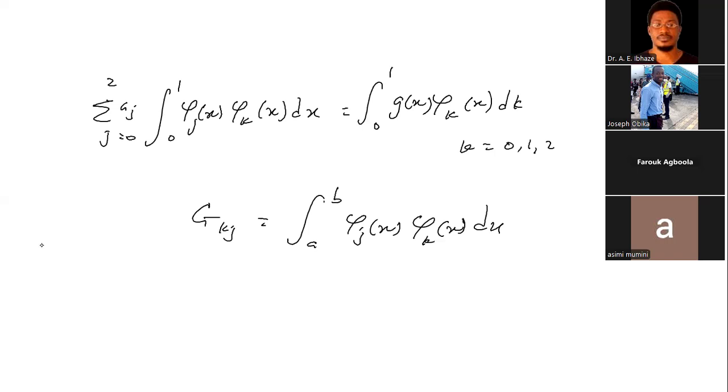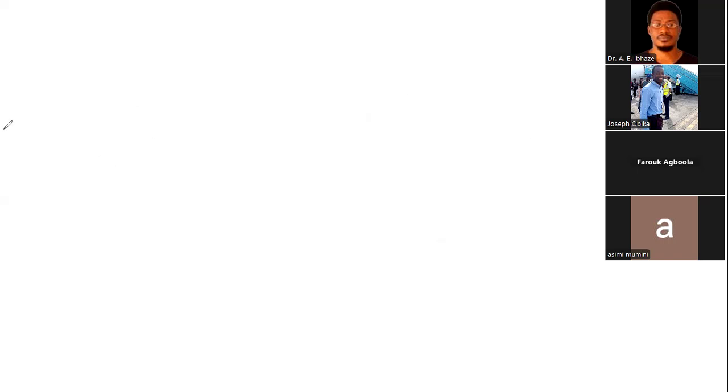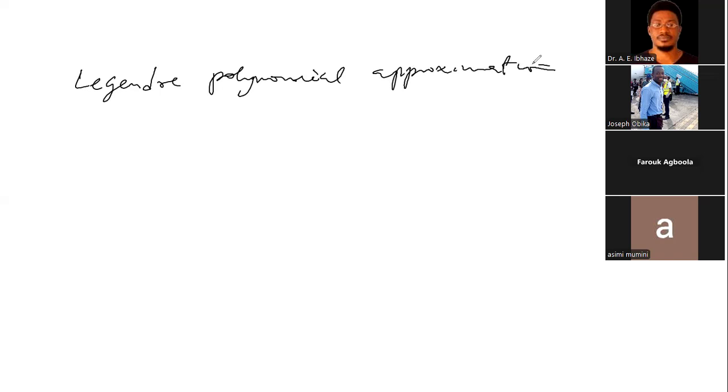And then one more thing I now want to mention. Let's quickly look at the continuous case. So we have the Legendre polynomial approximation. Now, the Legendre polynomial approximation is more like the Chebyshev polynomial, because these sequences form an orthogonal set defined over the interval -1 to 1.